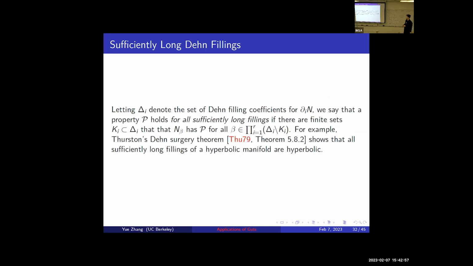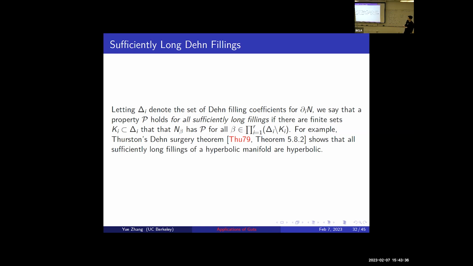And here's the definition for sufficiently long filling. Mathematicians care about infinity, right? Most mathematicians don't care whether you have a property that is satisfied for one or two fillings. You actually care about the rest. If we exclude some finite sets of the slopes on each boundary, does the property hold for the rest of the fillings?